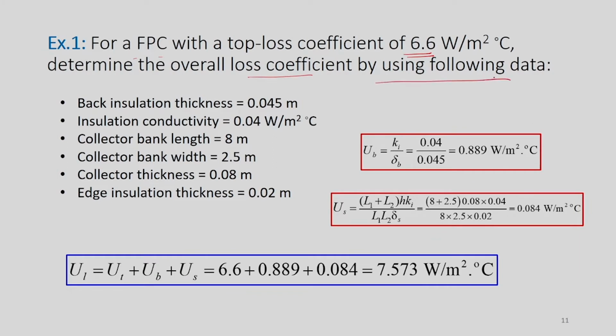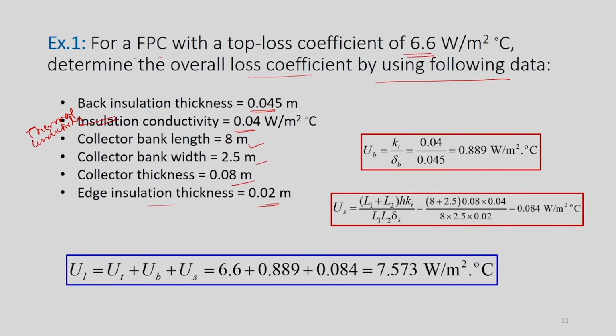The back insulation thickness is given as 0.045, and the thermal conductivity is 0.04 watt per meter per degree Celsius. Then the collector length, width and thickness are given, and the edge or side insulation thickness is given as 0.02 meter.